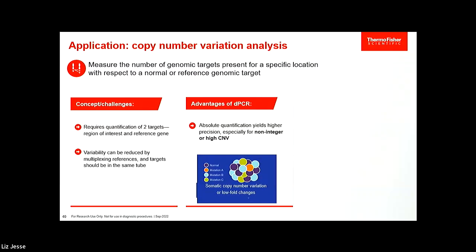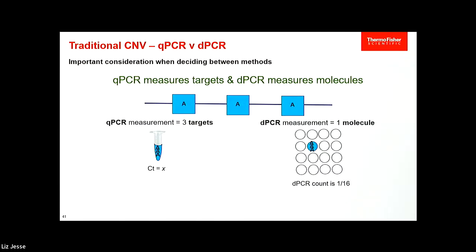The other benefit, especially if you're working with copy number, is that if you need a reference, you can look at 2 targets at the same time to be able to determine what your gene of interest is versus a reference gene. Okay, so this is a unique application.